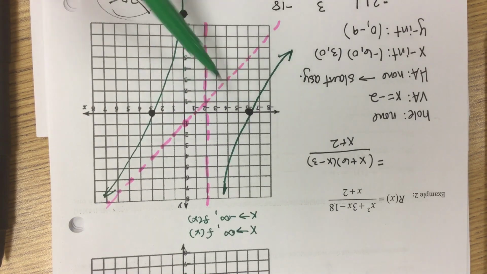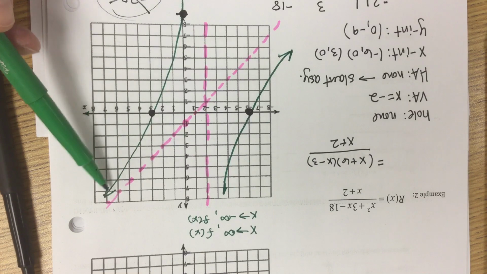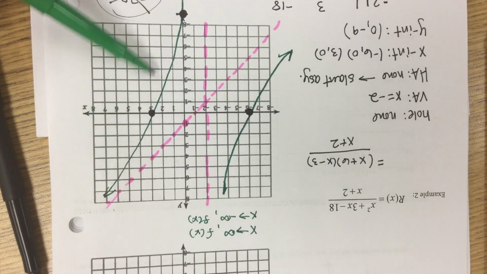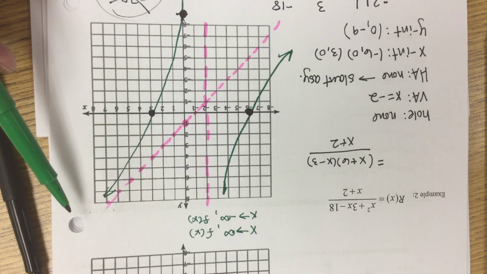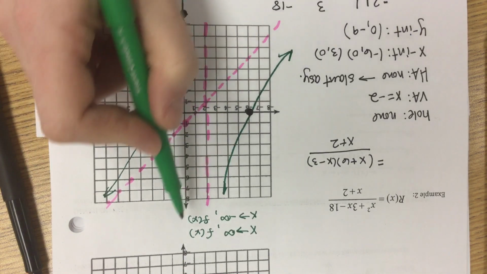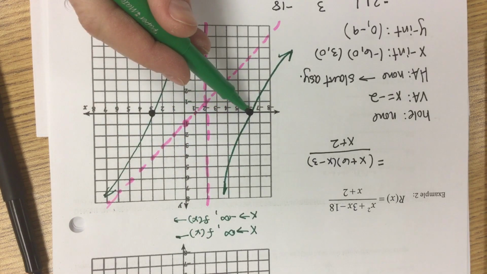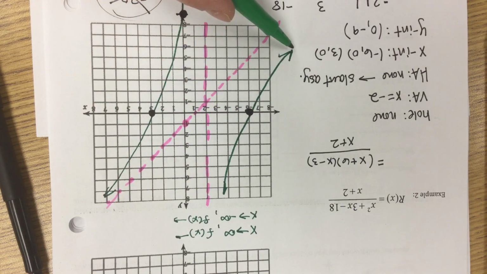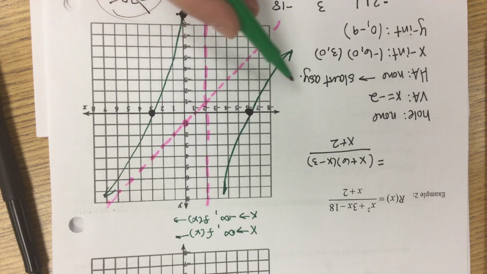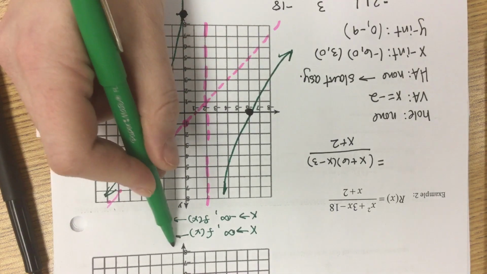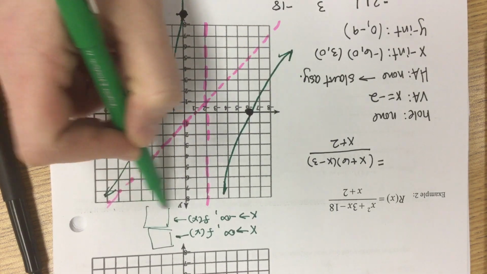As my x's are getting bigger and bigger, my graph is approaching what? As my x's are getting smaller and smaller, what's the graph approaching? As my x's go all the way to the left, what's the graph approaching? And that's something that we will discuss when I see you in class next.